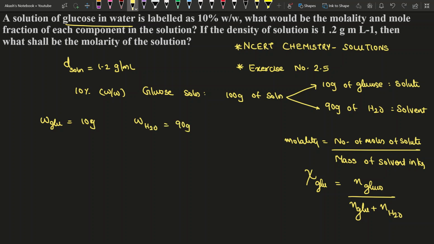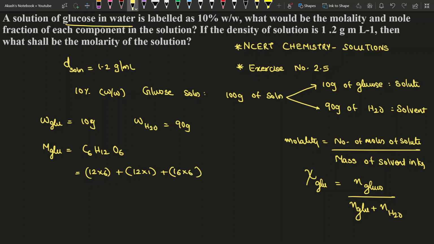If you are calculating the molecular mass of glucose, the glucose formula is C6H12O6. We know that one carbon has the weight of 12. Now we have 6, so 12 into 6, plus hydrogen is 1, therefore 12 into 1, plus the mass of oxygen is 16.